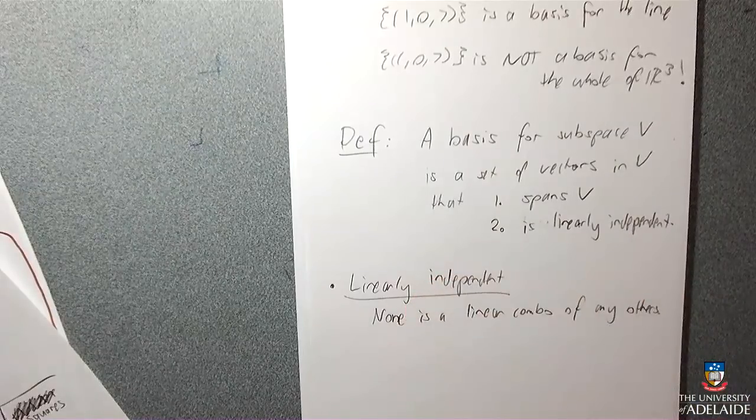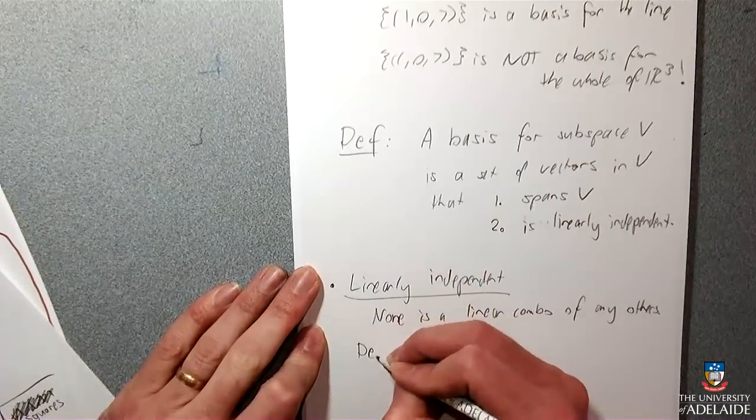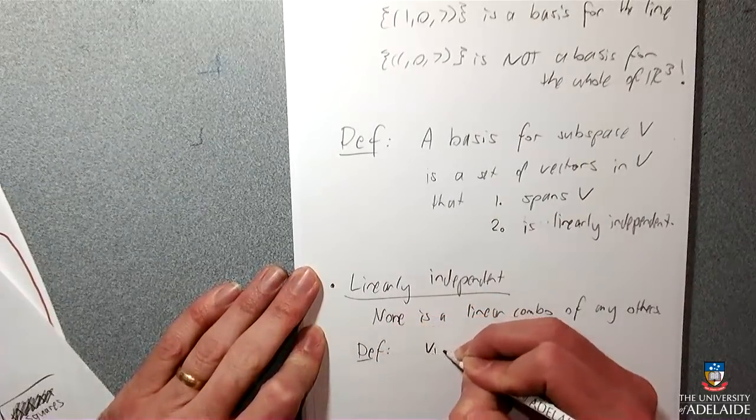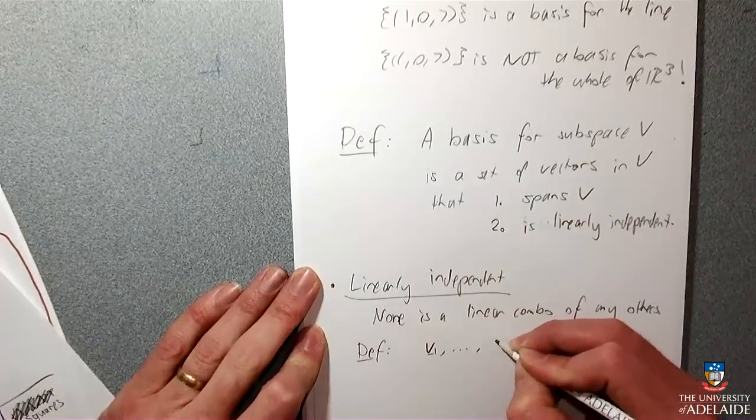That's the idea of linearly independent, but the definition is a little bit different, because it's easier to check. The definition is that there is only one way to make the origin as a linear combination of your vectors. So definition: v1 up to vn.